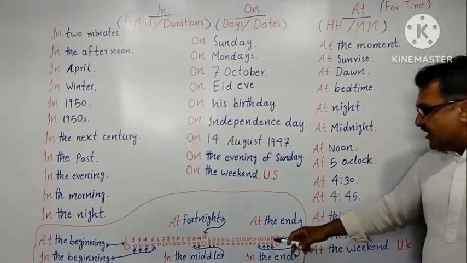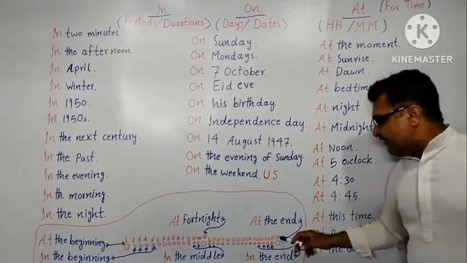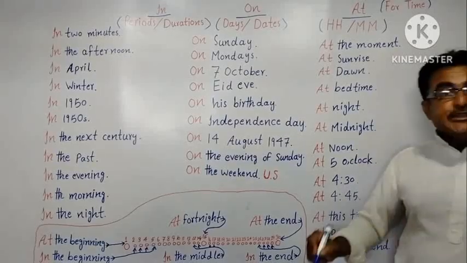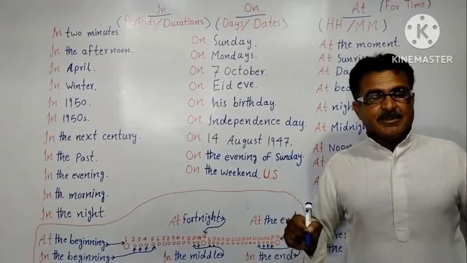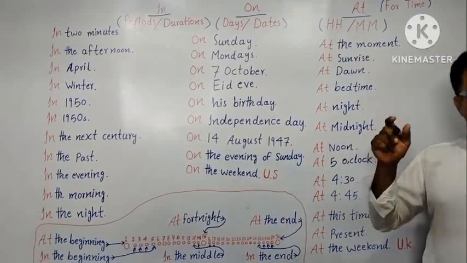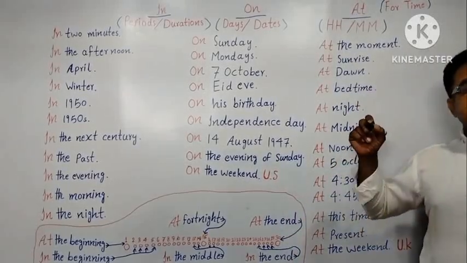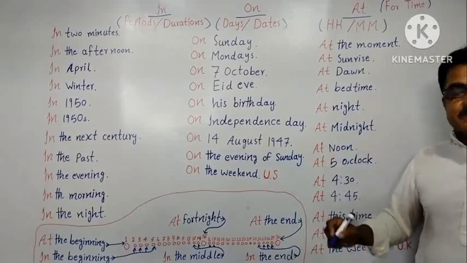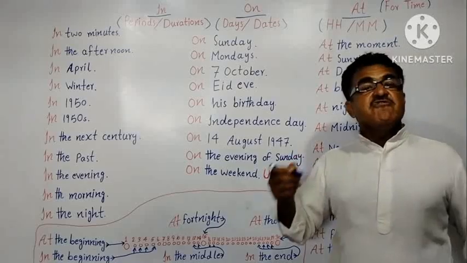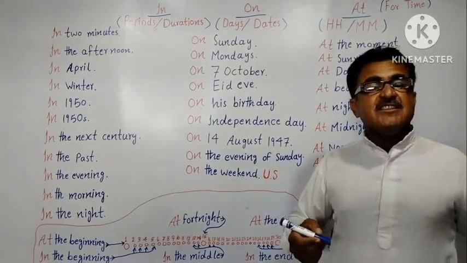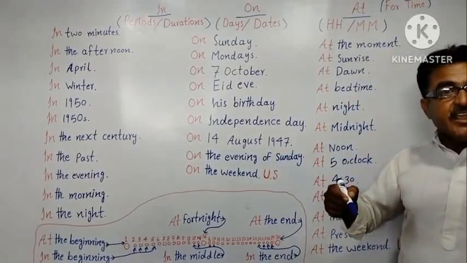Again the same case: we pay the bills at the end of the month means on the last day of the month, on the 30th day of the month. If we say we pay the bills in the end of the month, that is around the end.